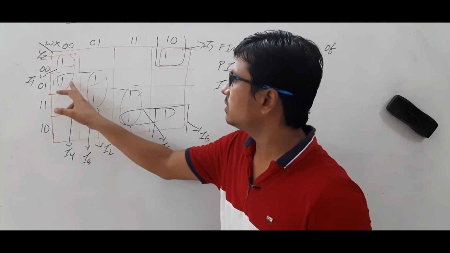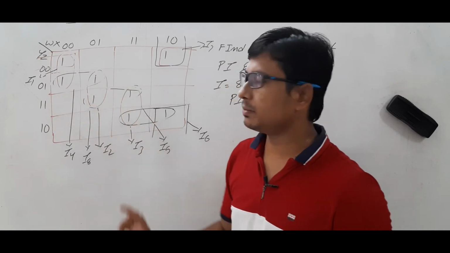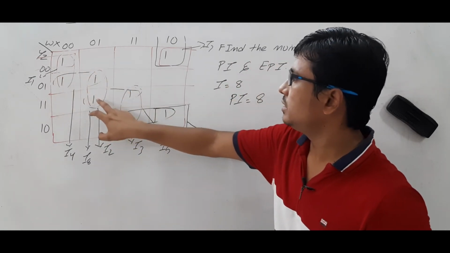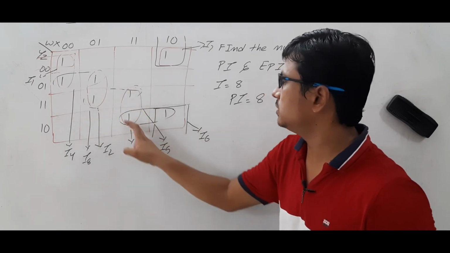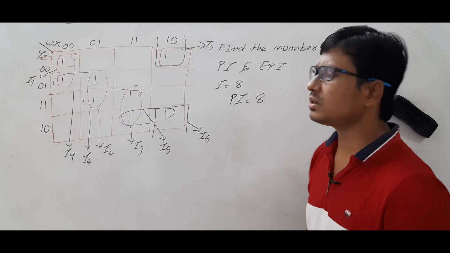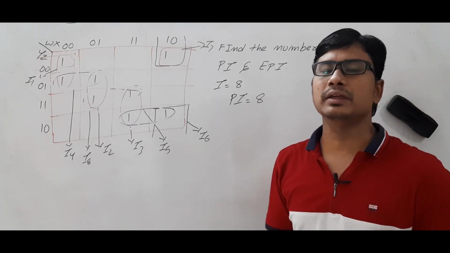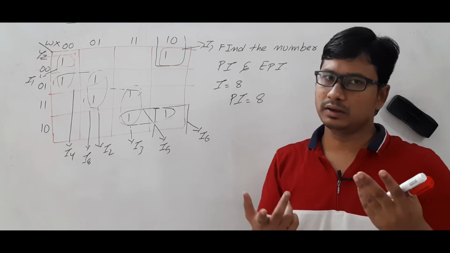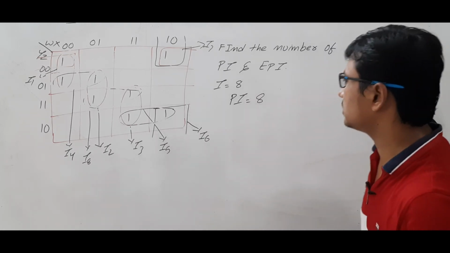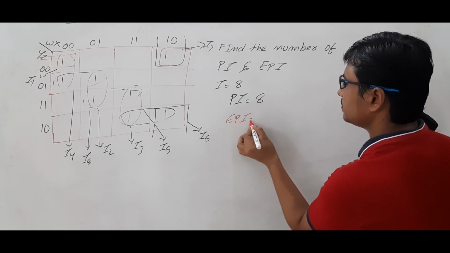Come to this one: it is covered by this prime implicant and also this prime implicant. This one is covered by these two, and this one by these two. This one is covered by this one and this one. So all the ones, or all the minterms, are covered by more than one prime implicant, so they are not unique. So I can say that the essential prime implicants in this case are 0.